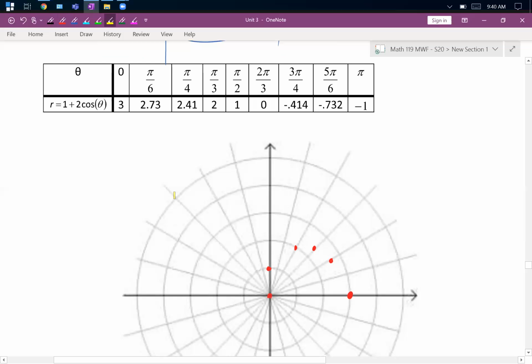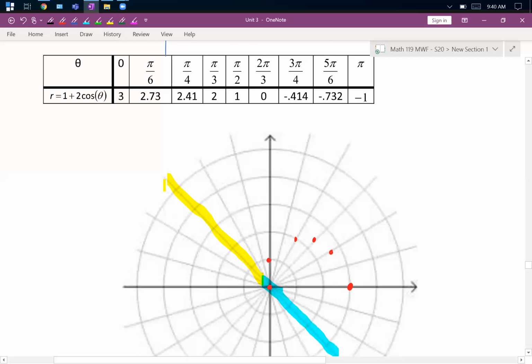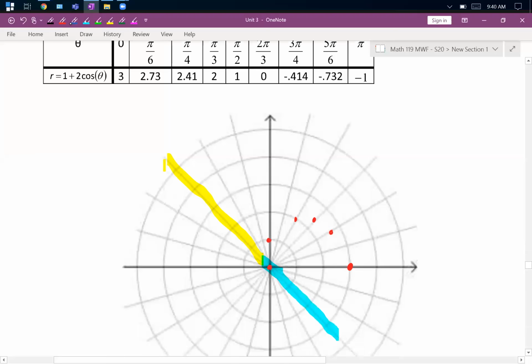Next, at 3 pi over 4, we notice that we have a negative r value, so that means that we're actually going in the opposite direction, back this way, negative almost a half.